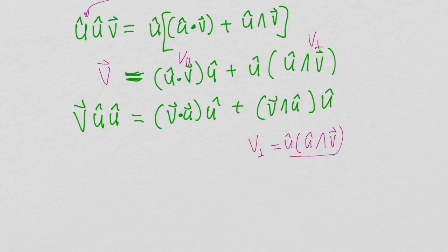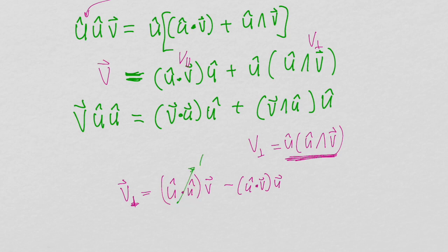But one of the things anybody at this point should be able to do is write down this product, which is u hat dot u hat times v minus u hat times v times u, right? But this guy here is just equal to 1. So this equals v minus (u hat dot v)u.